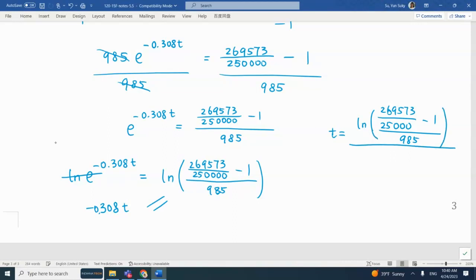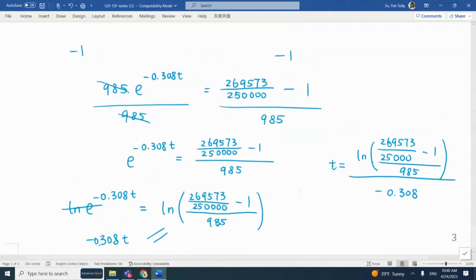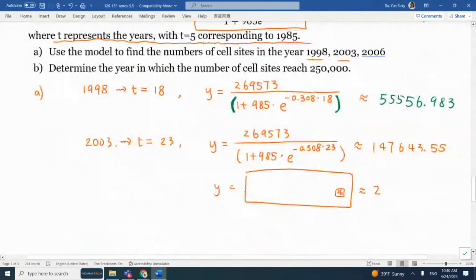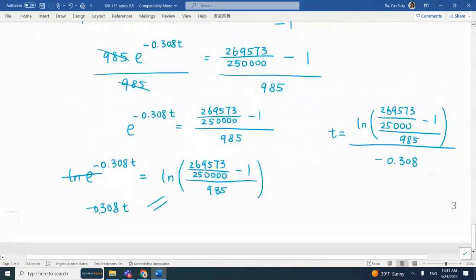Divided by what? Negative. Oh, I missed a zero there. Oh yeah, it's negative, so negative 0.308. Right. So this is the last step.